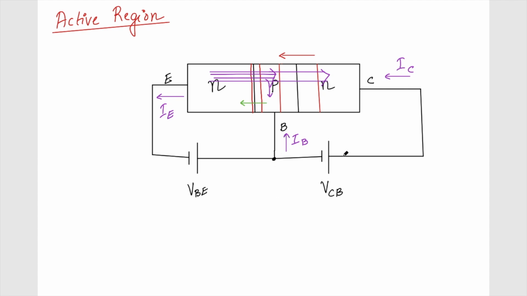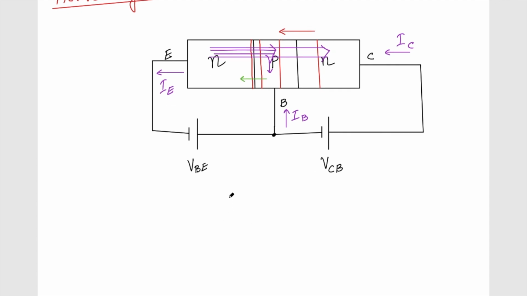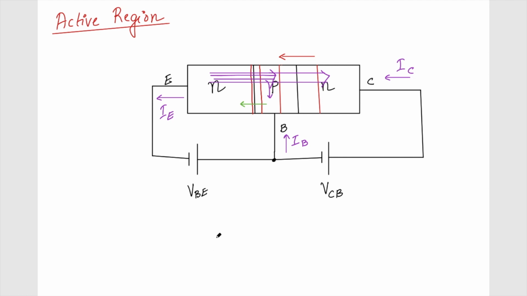Okay, and if you do an experiment and a measurement, what we'll see is that this current IC will be beta times IB. And this beta is approximately around 50 to 350 or even more.